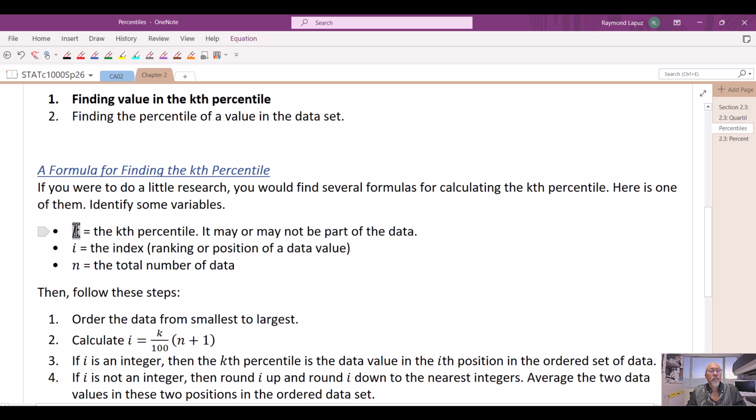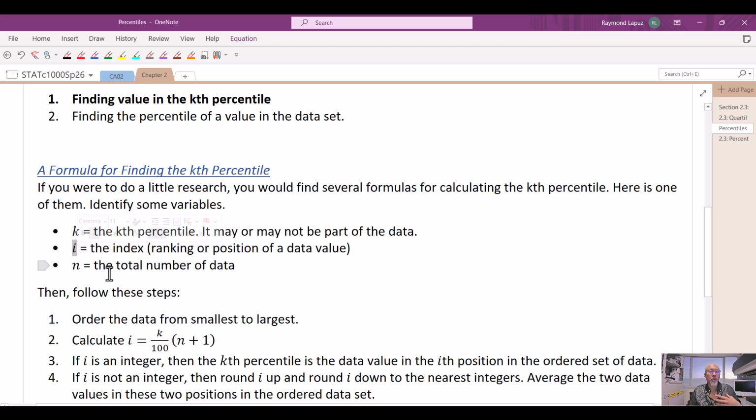So we're going to designate certain names for things. You're going to be given the K, which is the kth percentile. They're going to ask you what number is going to be in the 90th percentile or the 60th percentile. So they'll give you that. I, the index, is going to be the ranking or the position in the particular data set that you're looking for.